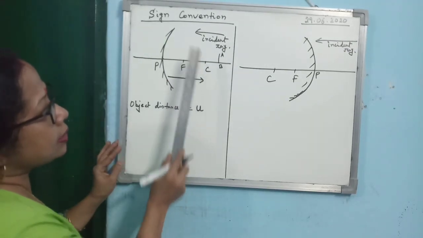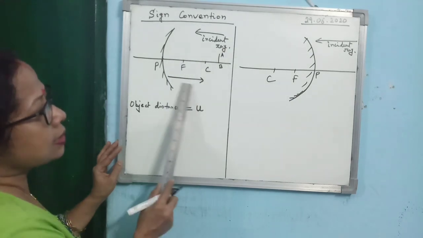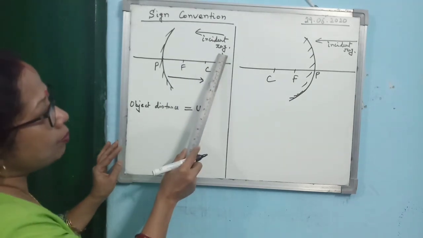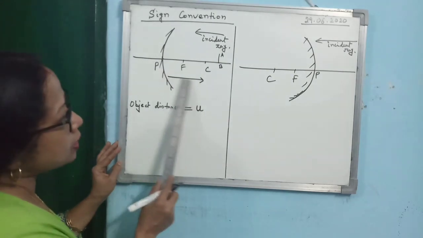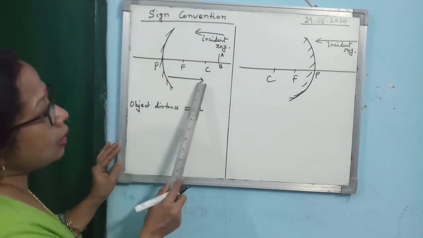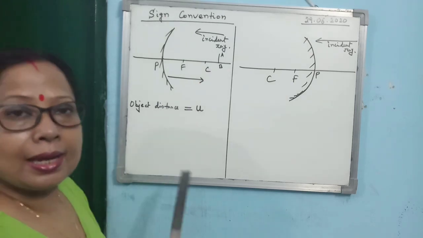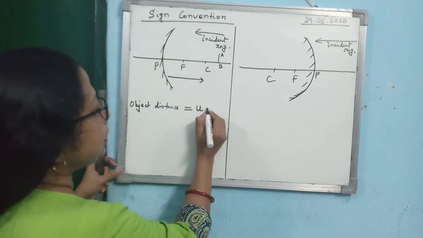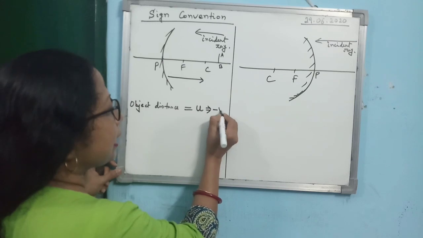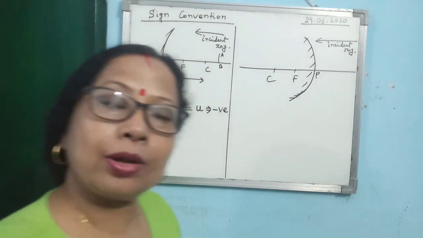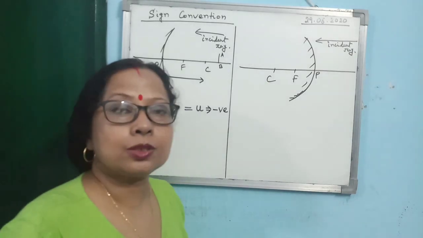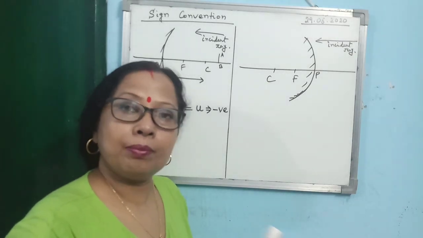You are measuring the distance opposite to the incident ray. Incident ray is from towards the mirror. But how you are measuring the distance? Opposite to the mirror. Got it? So what will happen? These distances will be negative. So you see, object distance U is negative here. Always object distance is negative. And what is object distance? Distance between the object and the mirror.